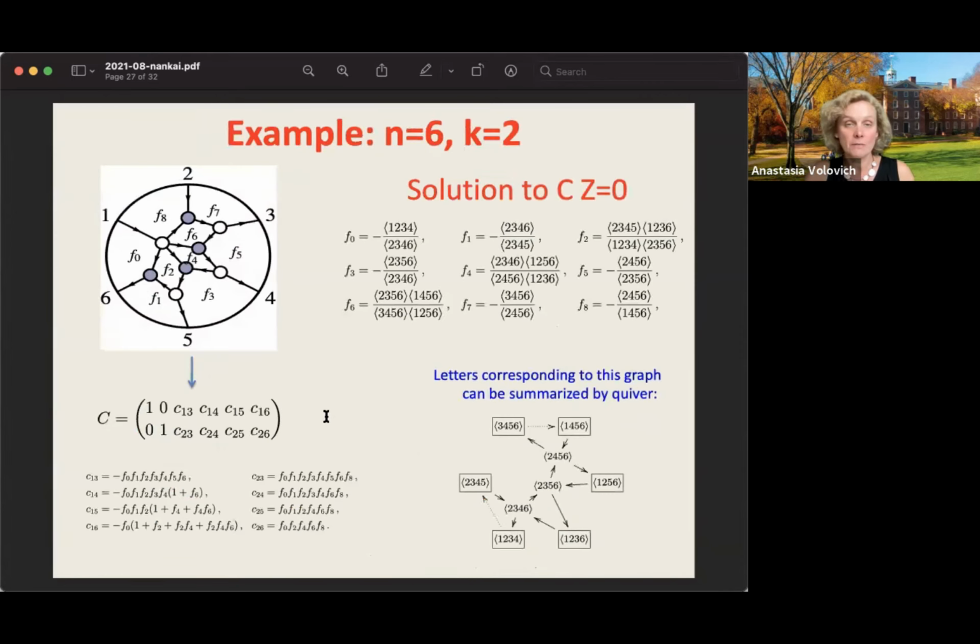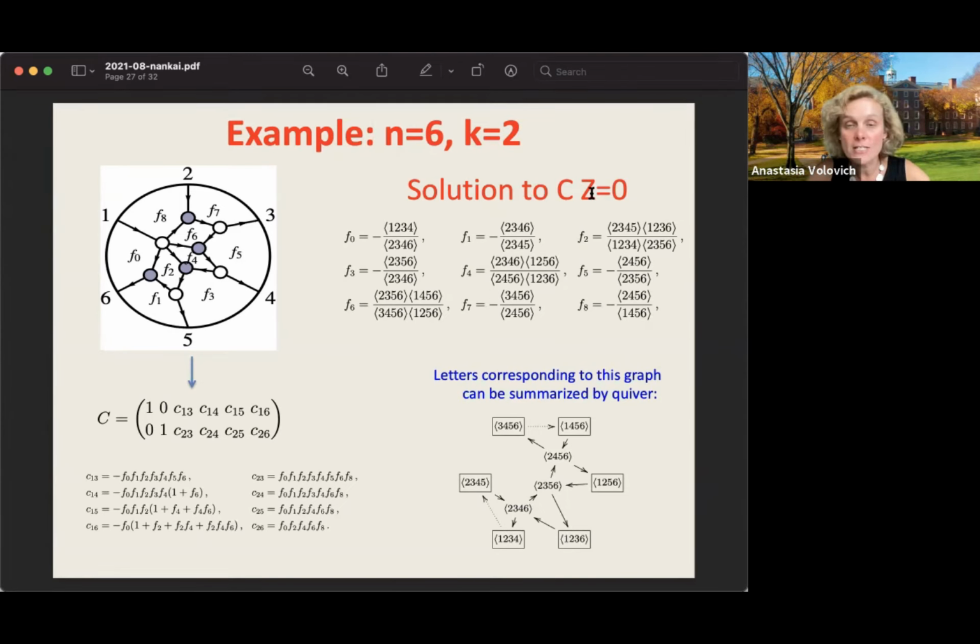Let me give you an example. We start with six-point graphs of this form. We parameterize this with face variables, write out C, and plug it into CZ equals 0 to find all possible solutions.